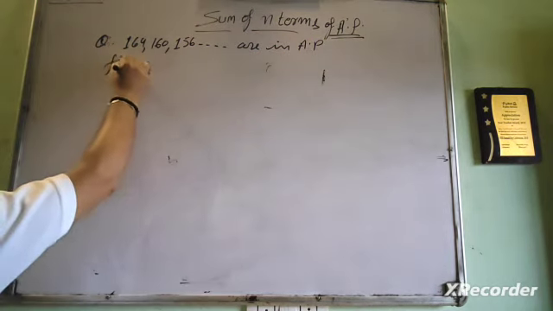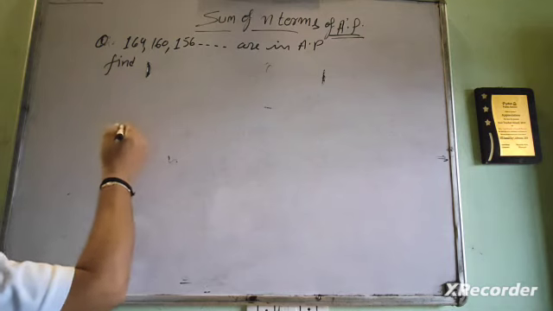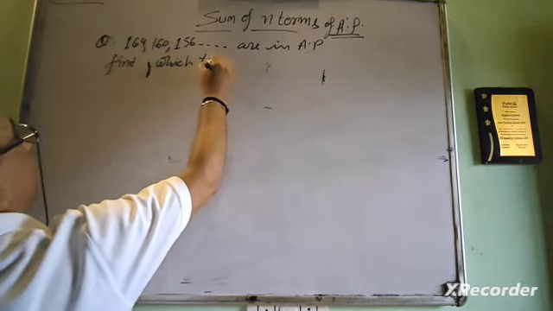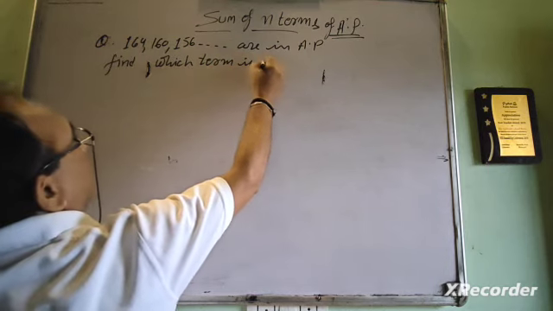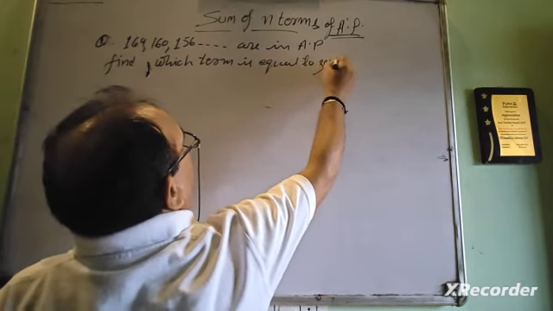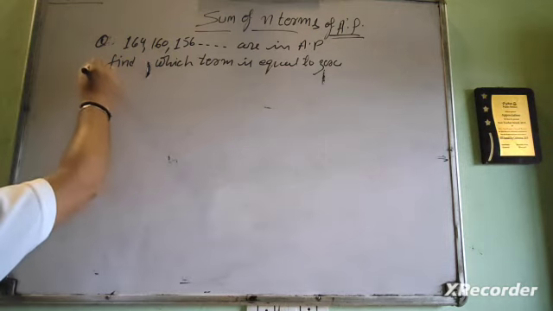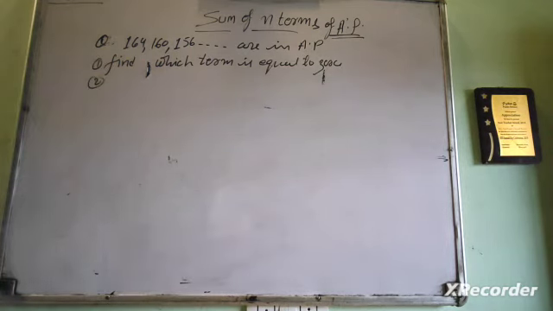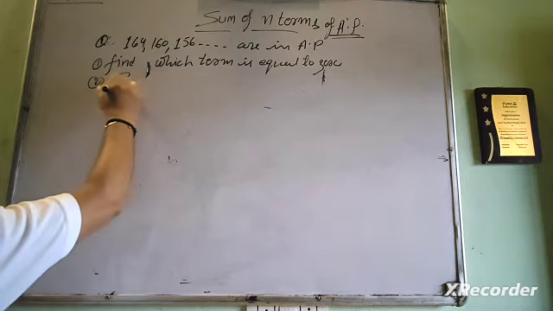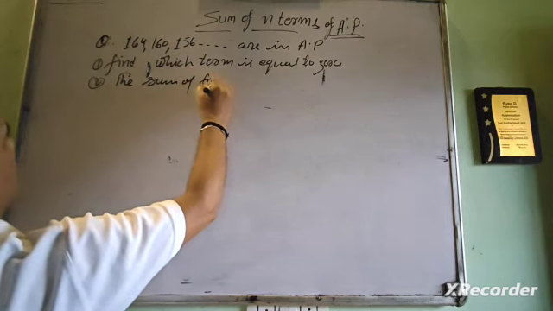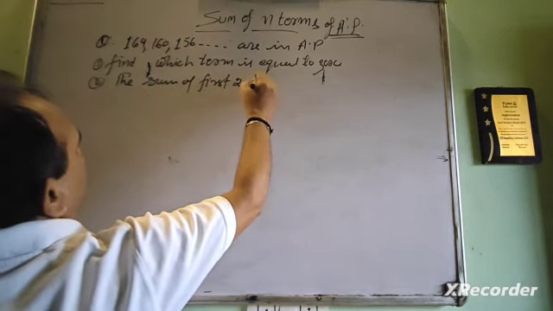Find which term is equal to 0. And in the second part he asks for the sum of the first 20 terms.